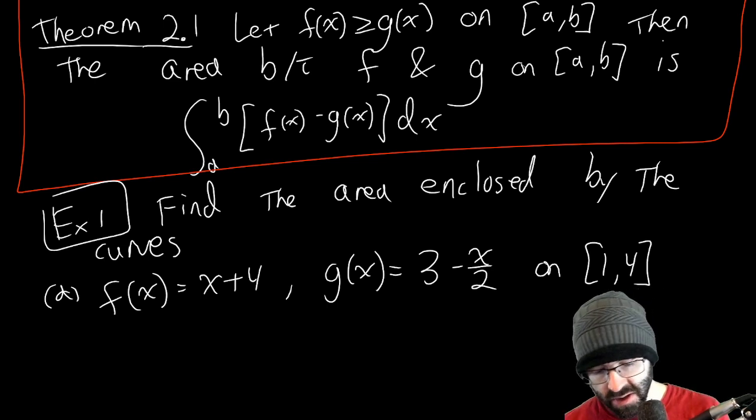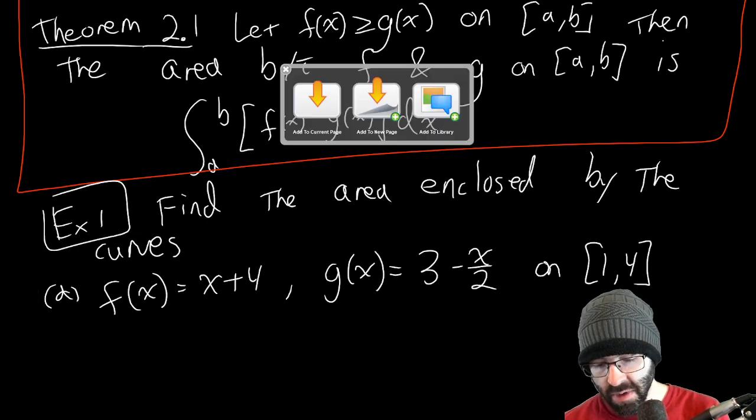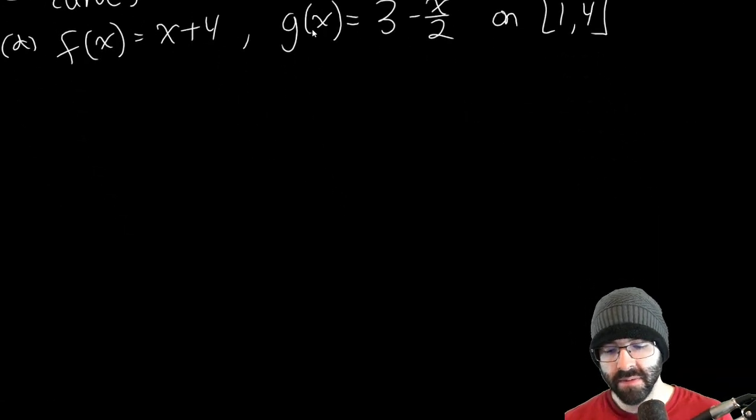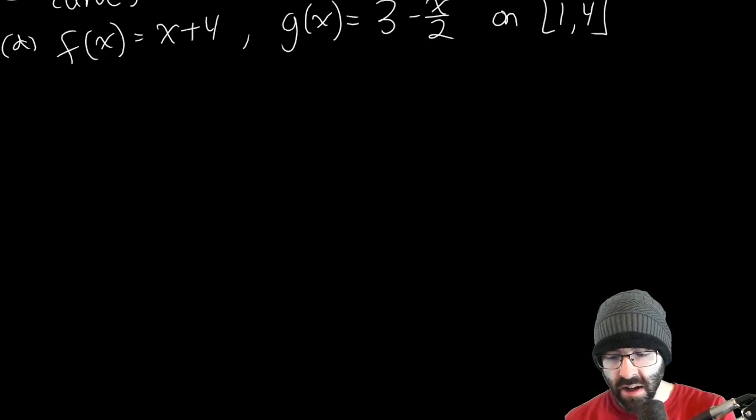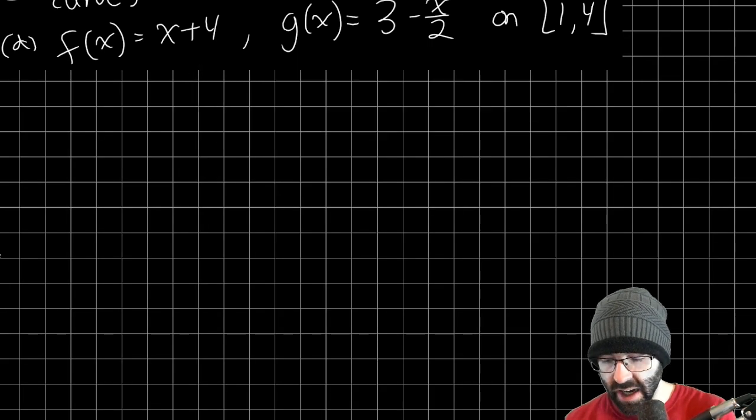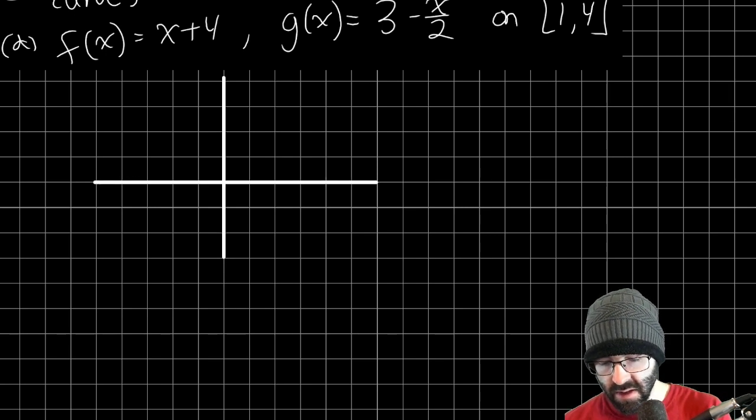Well, most of the time, it's a good idea to have a graphical image of what's happening. So let's get a graph. This one is easy enough to be graphed by hand, so let's graph it by hand. We have two lines. We're looking at the region from 1 to 4.